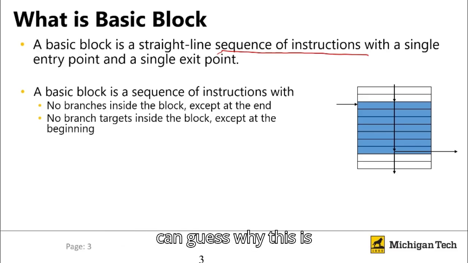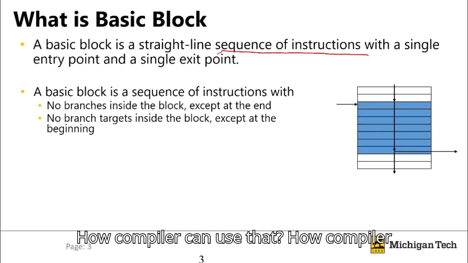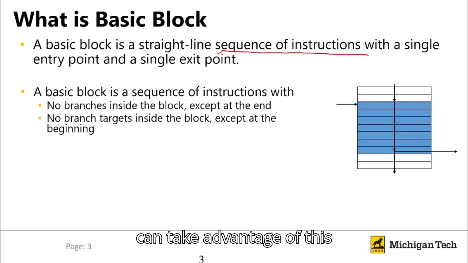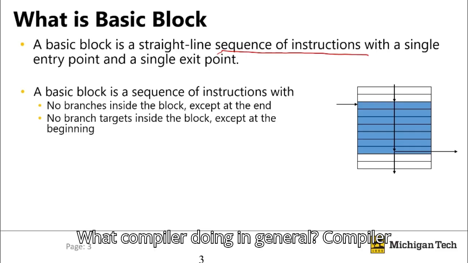So can anybody guess why it is important for the compiler to divide the code into basic blocks? How can the compiler take advantage of this basic block to make better optimized code? What is the compiler doing in general?